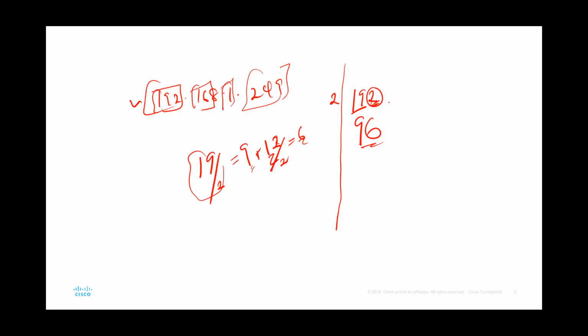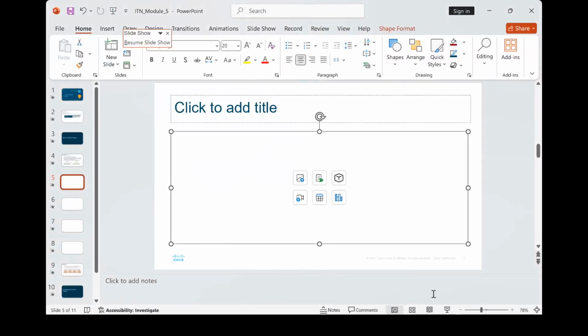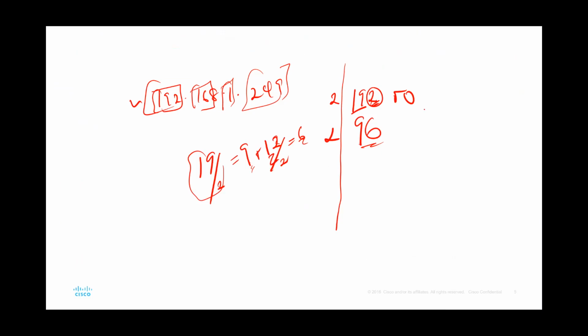So 96. Now here we have remainder 0, meaning nothing is left. Remainder 0, I'll come down here and do the same thing.